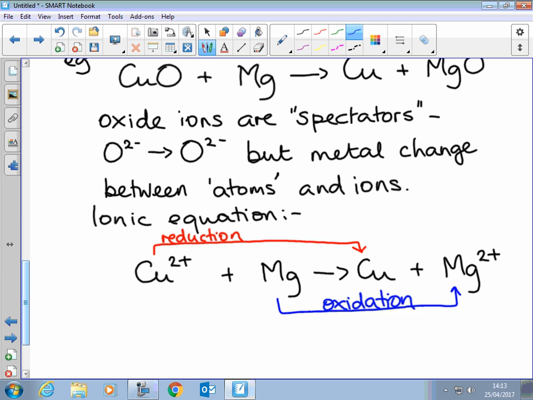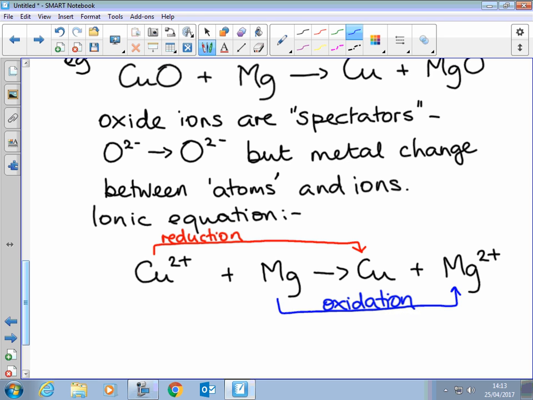All right, if you look at this sort of the other way, then rather than what's being oxidized or reduced, what about the agents? Which is the reducing agent? The magnesium, yeah. The magnesium is the reducing agent because it reduces the copper. All right. So, what's the oxidizing agent? The copper ions.